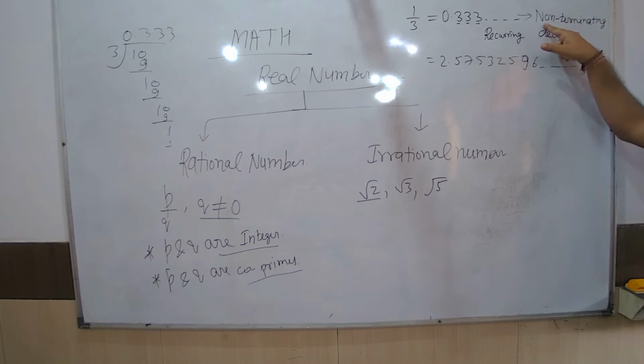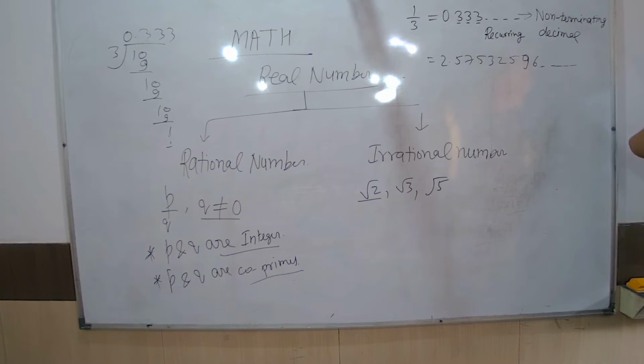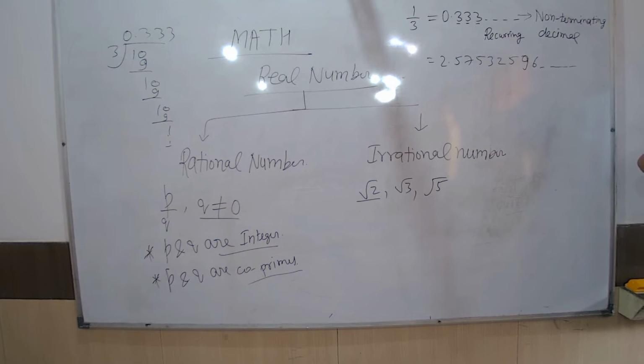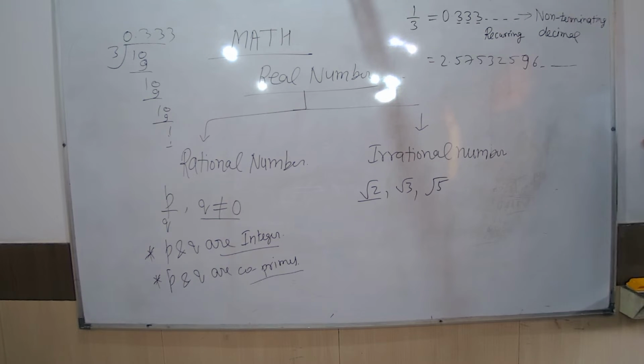So we can say this is non-terminating recurring decimal, okay.